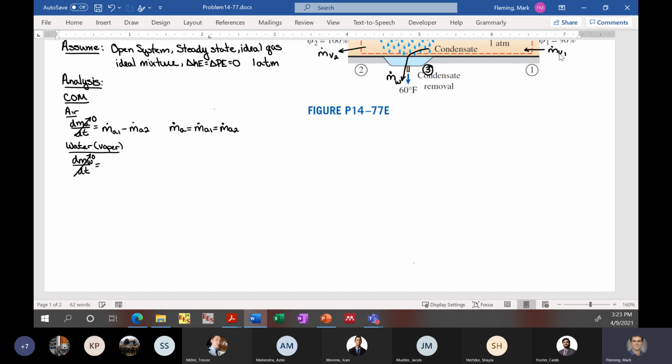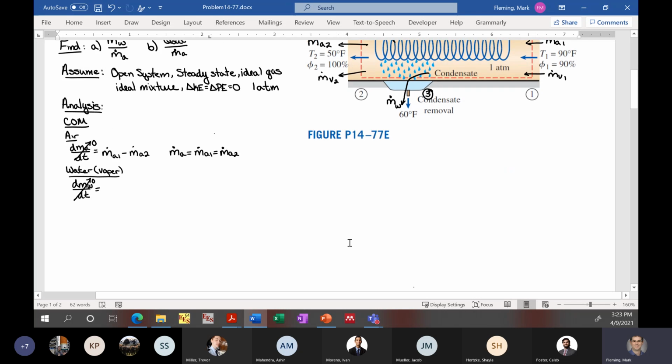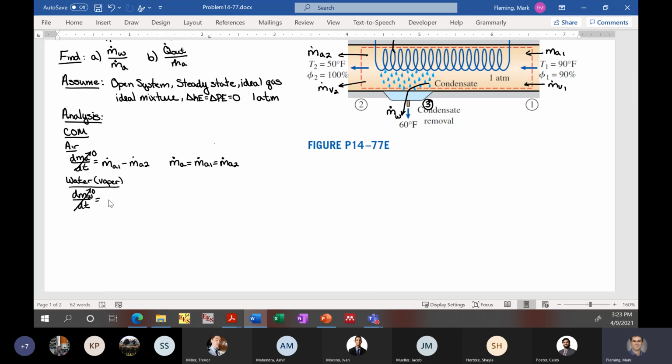In terms of the mass flow rates of the water, if we scroll up a little bit, we have the mass flow rate of the vapor entering, vapor 1. And that's the only water flow entering. But we have 2 mass flow rates leaving. We have the mass flow rate of the vapor at state 2, and we have the mass flow rate of the liquid water. And so we have 3 terms in this setup.